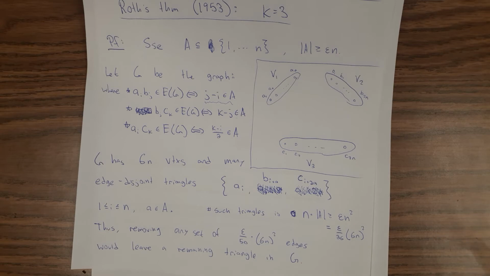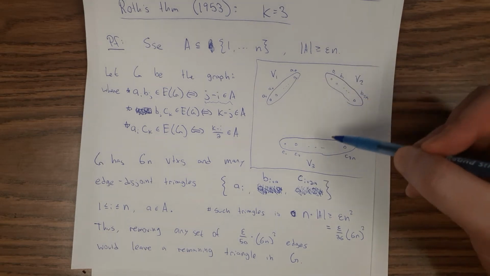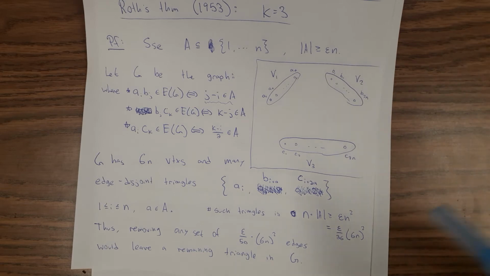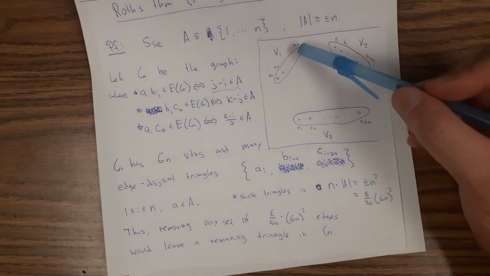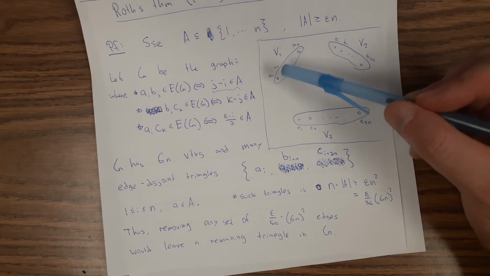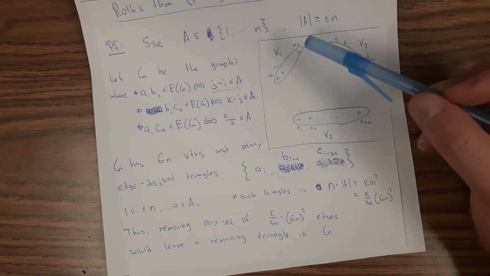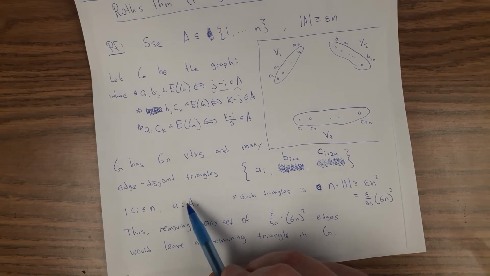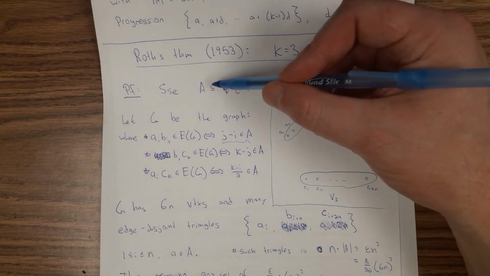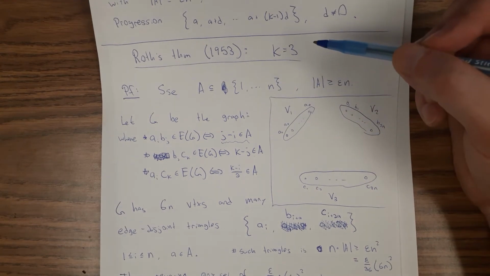Notice that hidden in here is a little hint to why we chose different sizes of sets. The subscript i can just be anything from 1 to n. I just need to choose any vertex in here. And then little a is a member of big A, so little a is at most n as well.